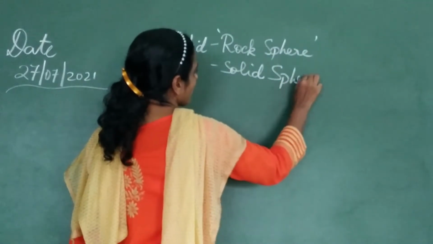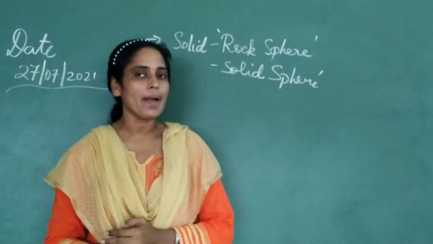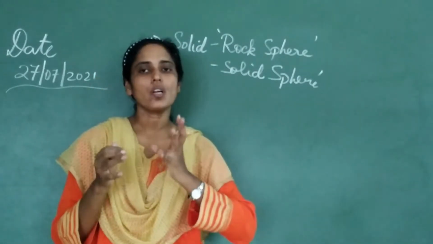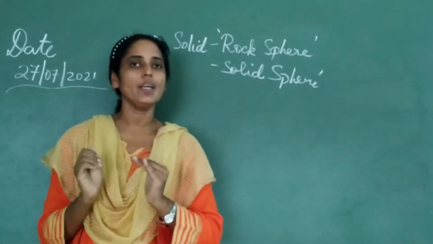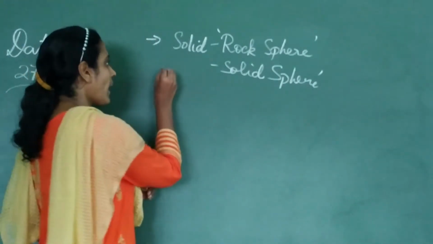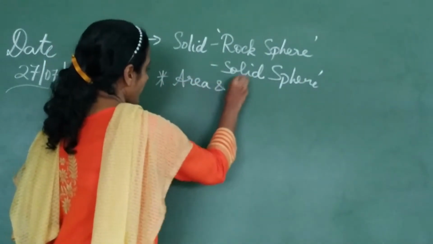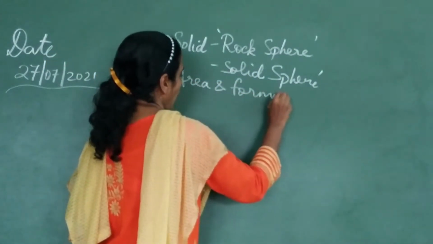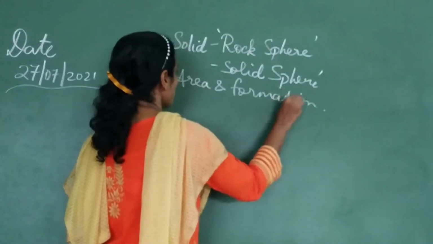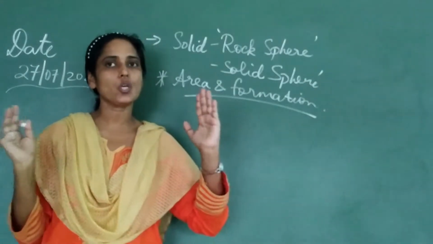So this solid matter is the main focus in the lithosphere. Solid materials are present in large number. Now let's see the area and formation of this lithosphere. Area means the space occupied, how much space is occupied.